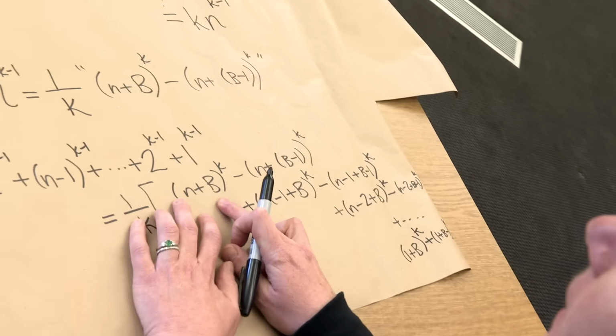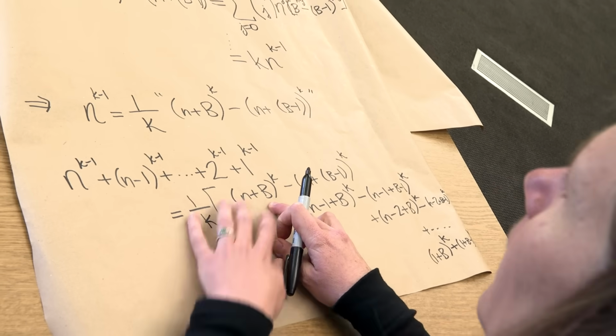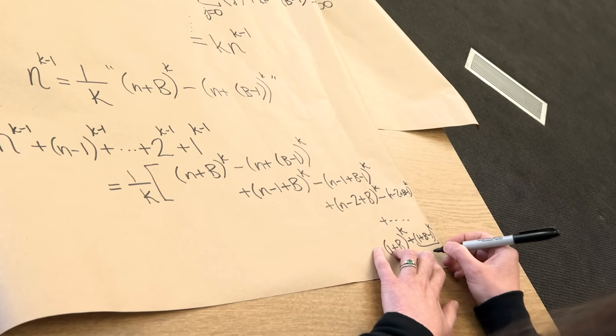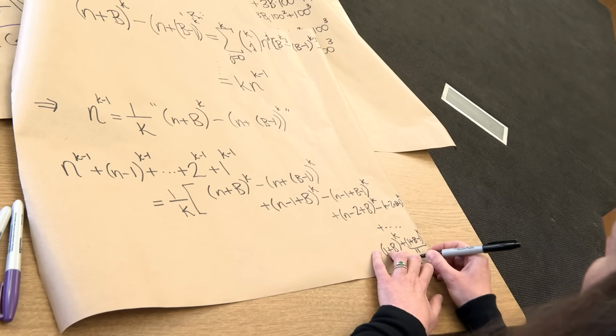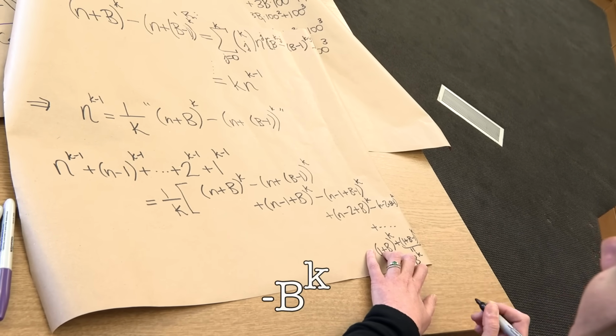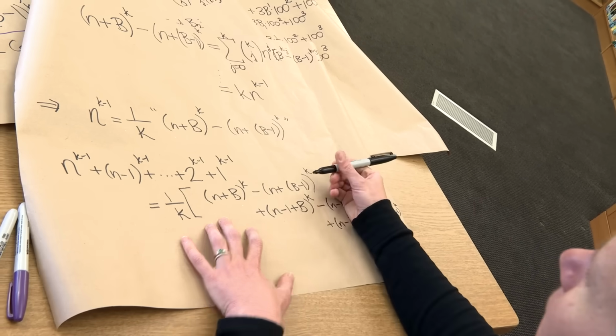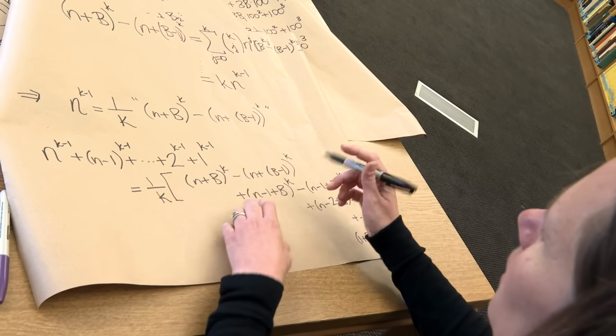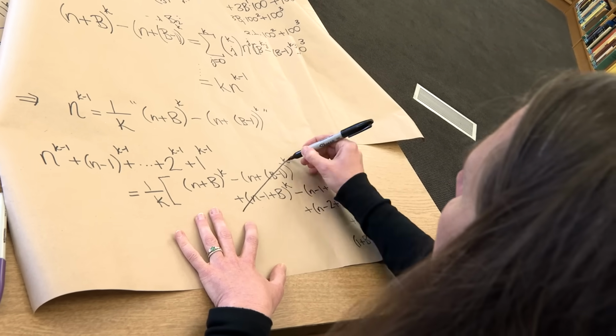So this first piece is our n plus b to the k that we have at the beginning of Faulhaber's fabulous formula. 1 plus b minus 1 is equal to b to the k. And everything in between is going to cancel because they have n plus b minus 1 or n minus 1 plus b. Addition commutes. So these cancel.